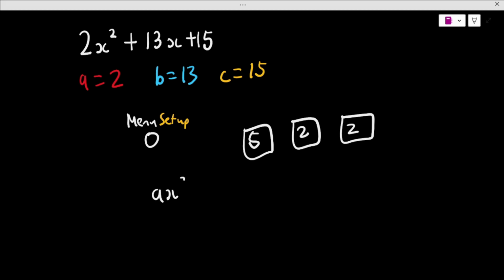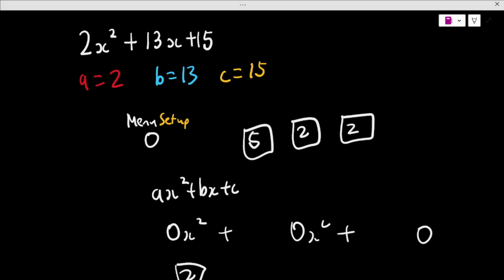Okay, next you'll be prompted to this particular screen. You get ax squared plus bx plus c. You'll see 0x squared plus 0x plus 0. Then what you're going to need to do is to punch in the numbers for a, b, and c. So first, press 2. Oh, equals, I mean.